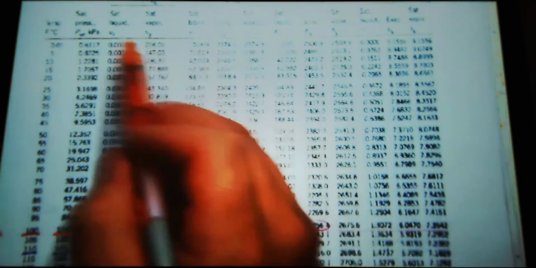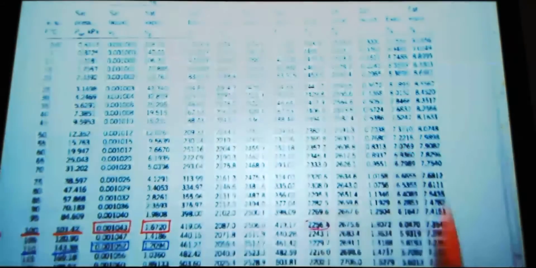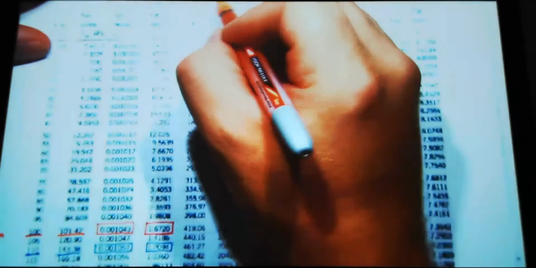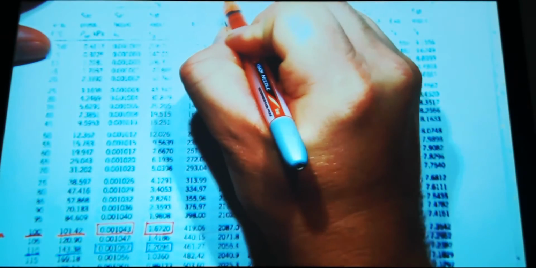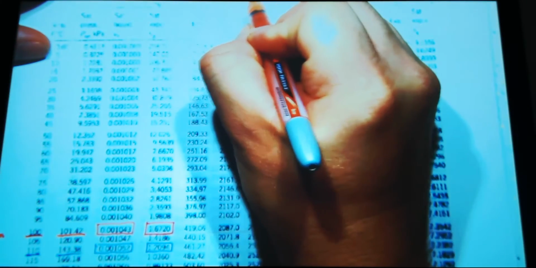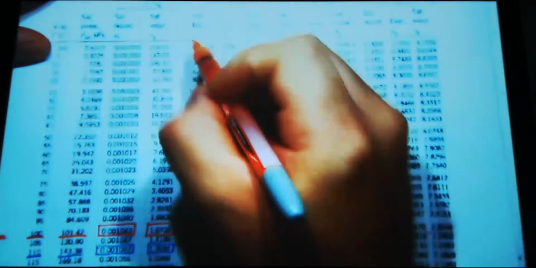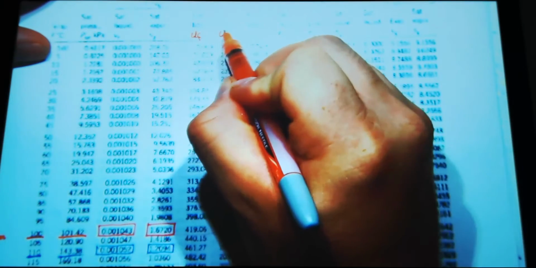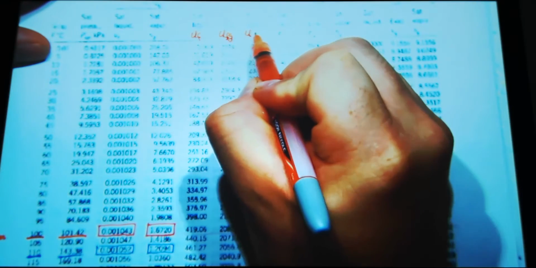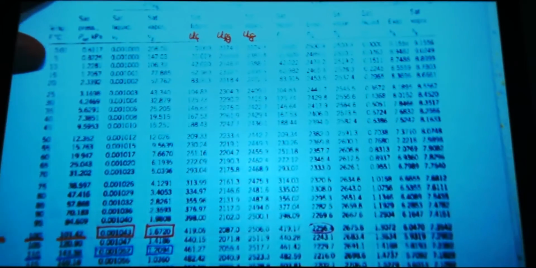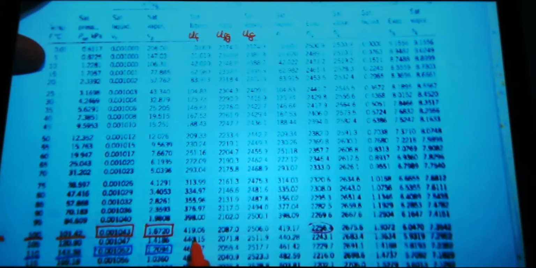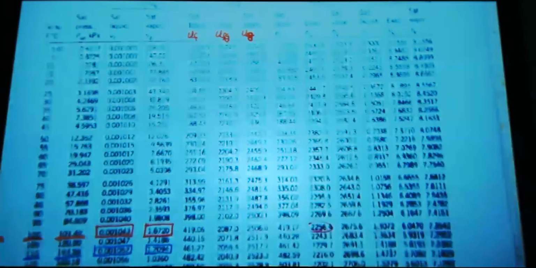Now, this was for specific volume. I can do internal energy. Okay, and so I have UF, UFG, UG. So then related to that, 419 kilojoules per kilogram, and VG should be a little bit better.